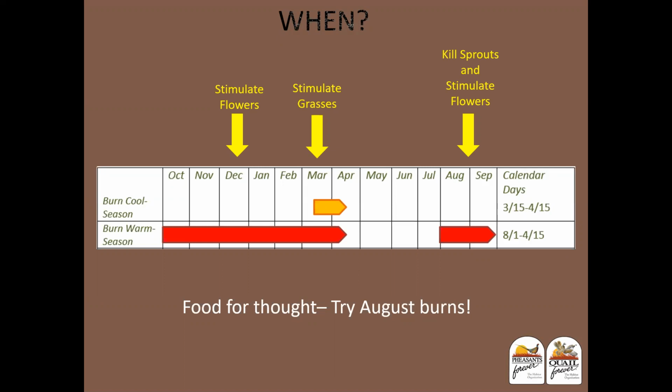And then from August until then, all through your fall and winter months, you're going to be stimulating a lot of your flower growth there. That August, September time, of course, is really good for killing out any tree sprouts, as well as setting back some warm season grasses. So definitely consider more of those August to September burns.